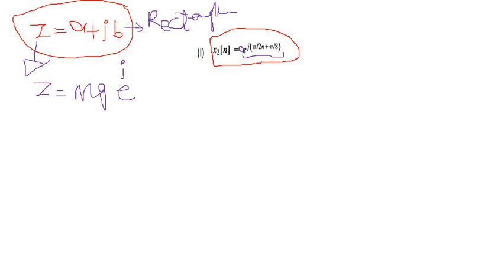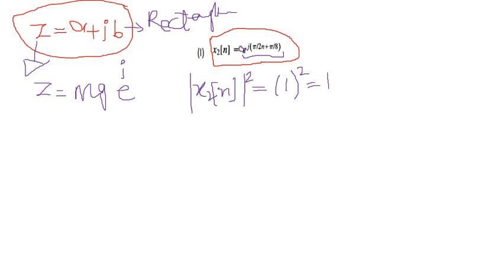So if I want to find the magnitude of x2 of n, its square will be equal to 1 square, which is equal to 1.